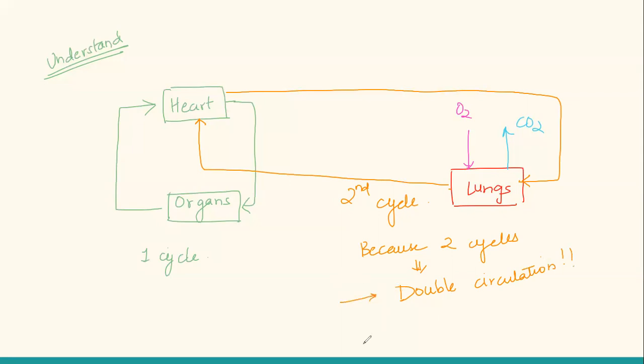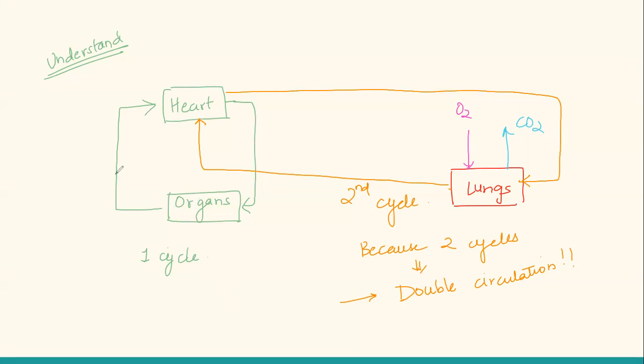This is the very simplest form of definition, in very simple language. If you were to explain double circulation to anybody, this is how you should do it. If you understand that this is what is happening, then understanding or writing short notes on double circulation is the same thing. Now when I ask you to write a short note for 3 marks, what will you do?